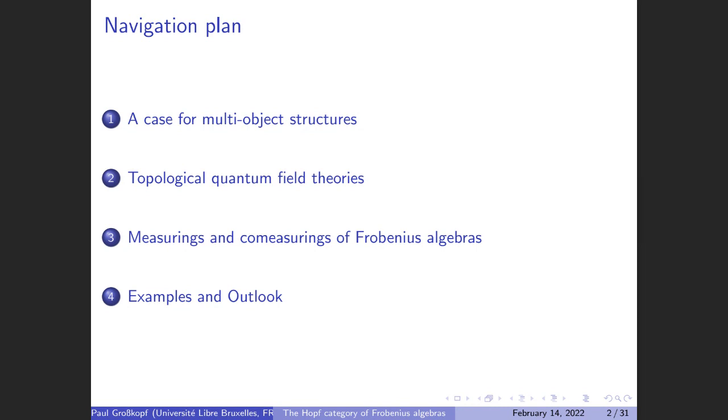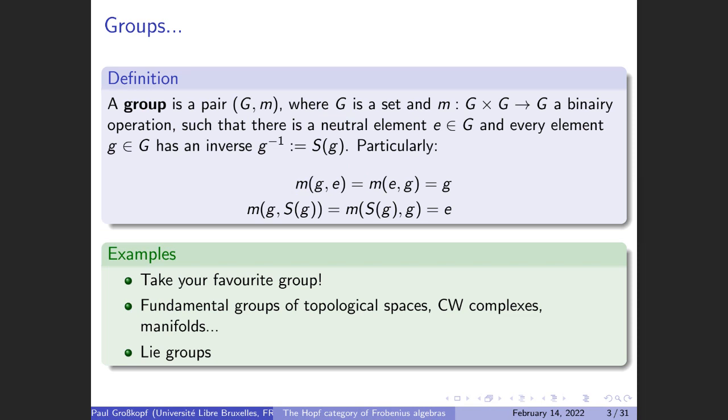So, starting with something hopefully everyone knows, I wanted to look at just the definition of a group. This is something that's quite familiar to everyone. We have a set and a binary operation, and for this operation we have two specific things: a neutral element and an inverse.